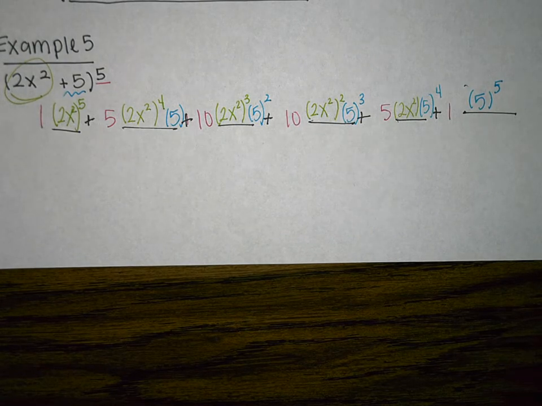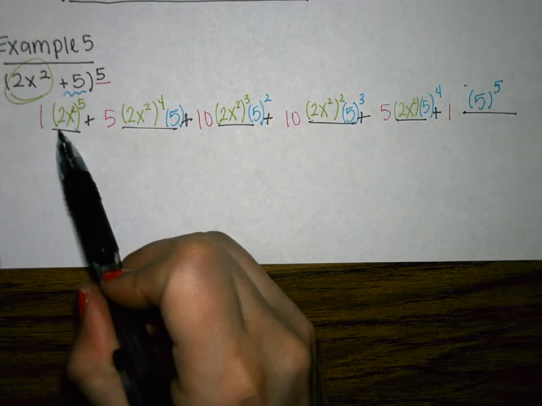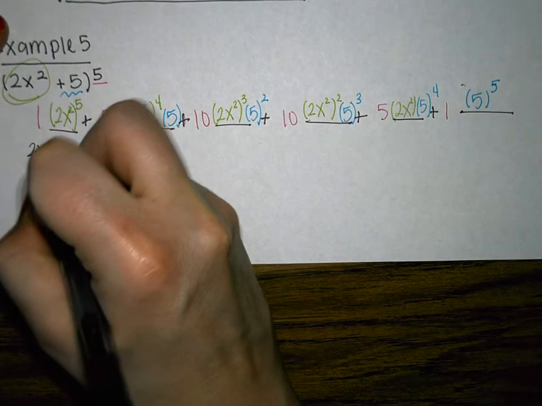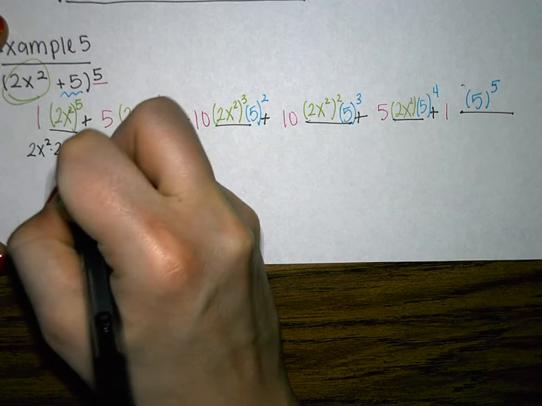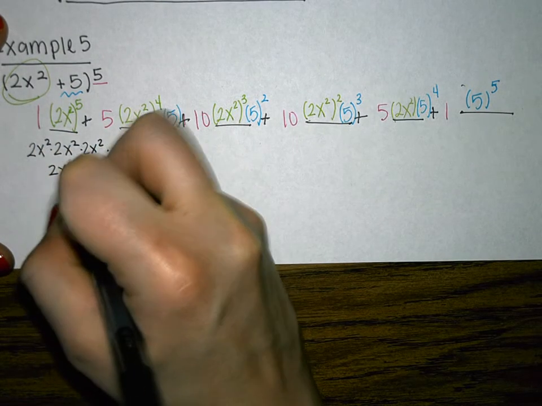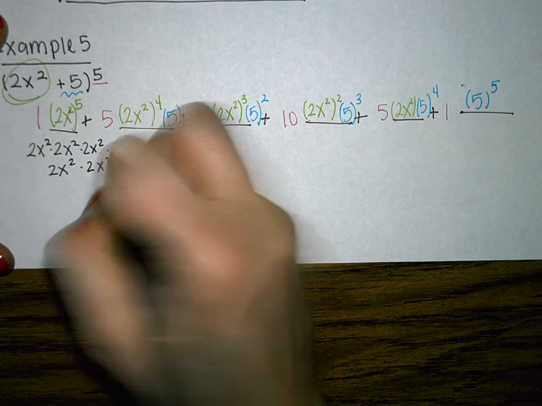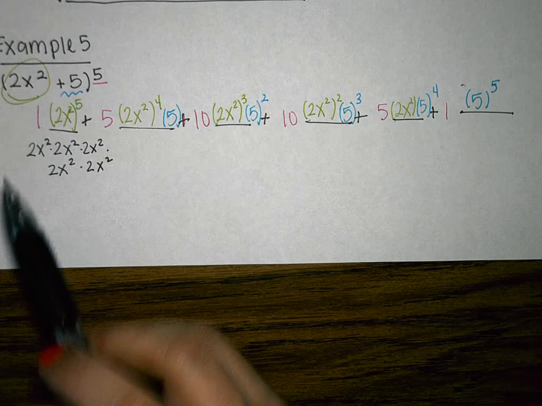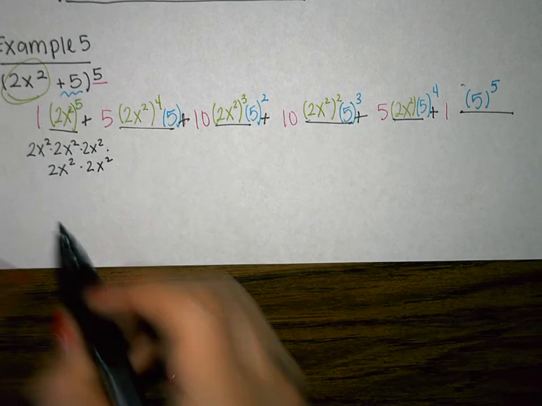So let's start simplifying. This first one, 1 times 2x squared to the 5th. That's the same as saying 2x squared times 2x squared times 2x squared times 2x squared times 2x squared. So we're multiplying 2x squared 5 times. So I'm first going to work with the coefficients.